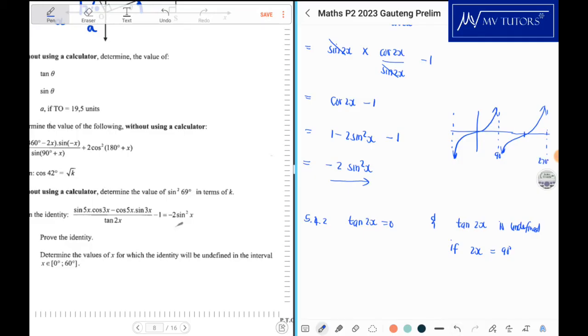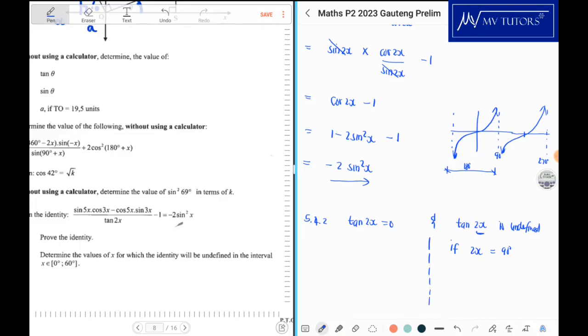So our period there being 180 degrees. But we know that at 90 degrees or 270 degrees, the function of tan is undefined. So we need to make sure that the angle is equal to 90 degrees for it to be undefined. Okay, so you have two conditions.